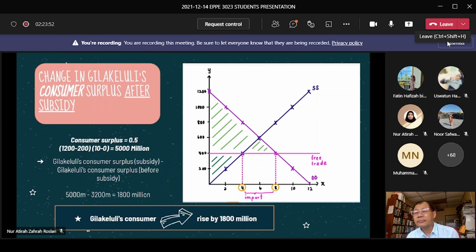So the Gila Kaluli consumers will rise by 1,800 million. The Gila Kaluli steel users realize a rise in consumer surplus of 1,800 million.